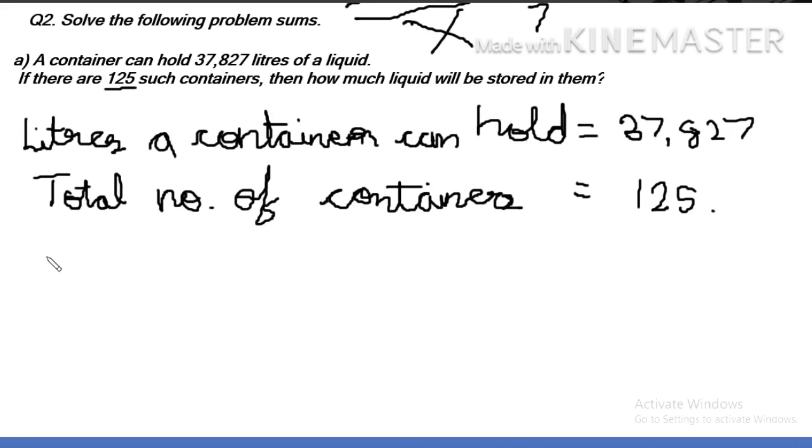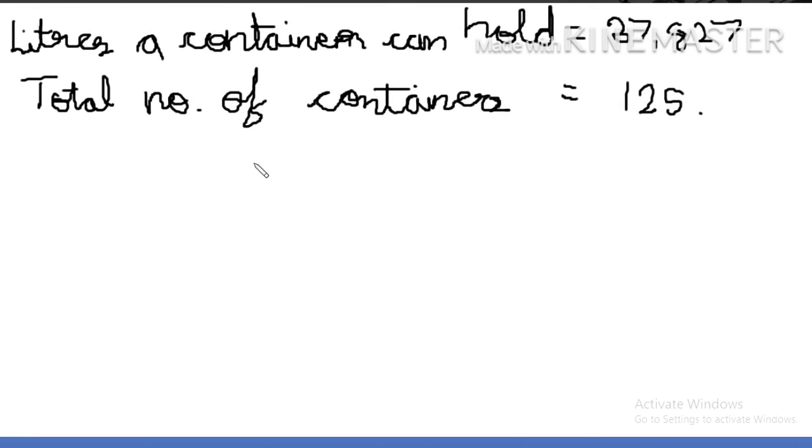Then let's multiply it. 3, 7, 8, 2, 7. So this is the liters a container can hold, and the total number of containers is 125. Let's multiply it.